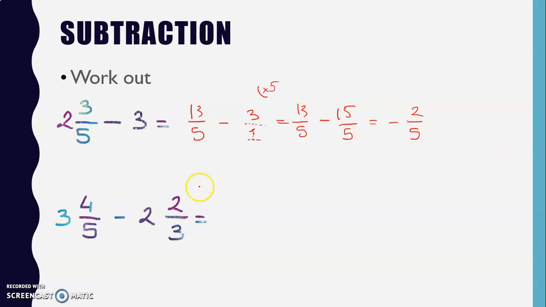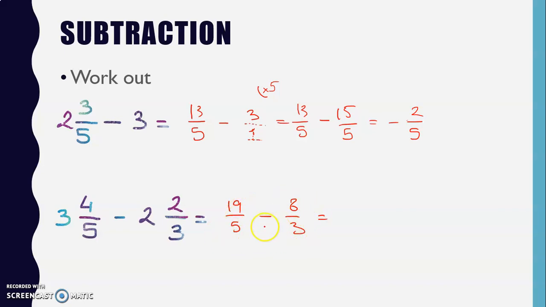And that's that. And the next example, we have 3 and 4/5. 5 times 3 is 15 plus 4, that's 19 over 5, minus 2 times 3 is 6 plus 2, 8 over 3. 19 over 5 minus 8 over 3.